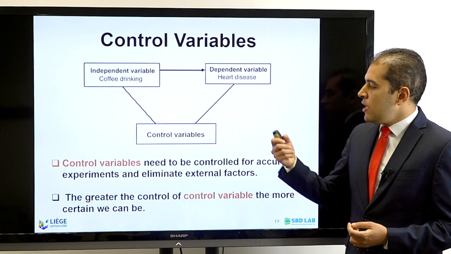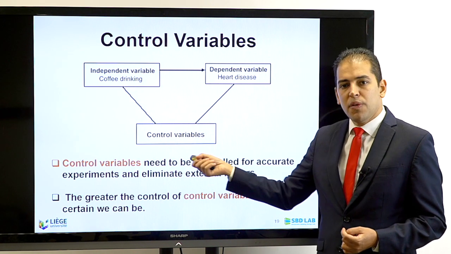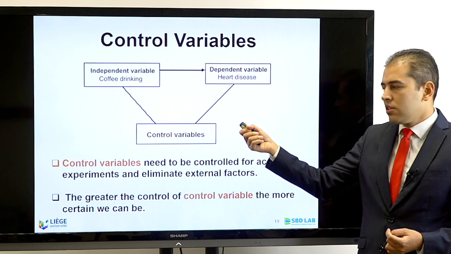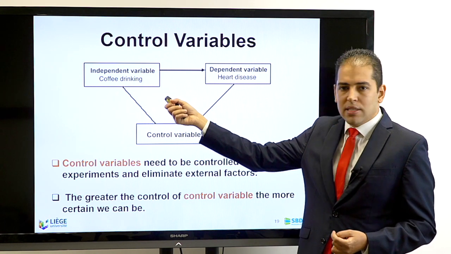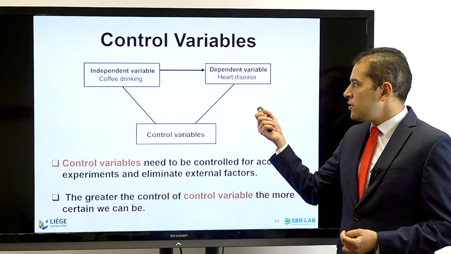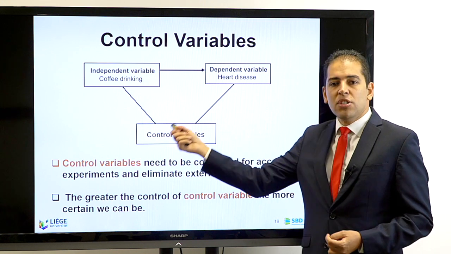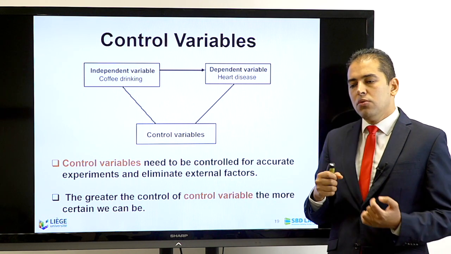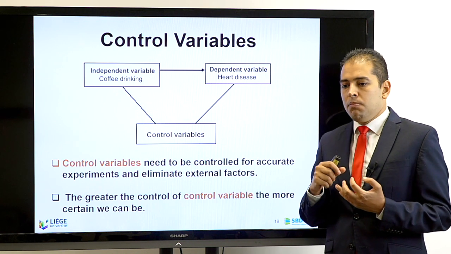And keep in mind that when I'm talking about the control variable, I must invest in defining it. Because many researchers, when they conduct experimental research, only describe their independent variable, let's say coffee drinking influence on heart disease, which is the dependent variable, without mentioning what the control variables are. Did you fix the gender, the age, the ethnicity, and so on?